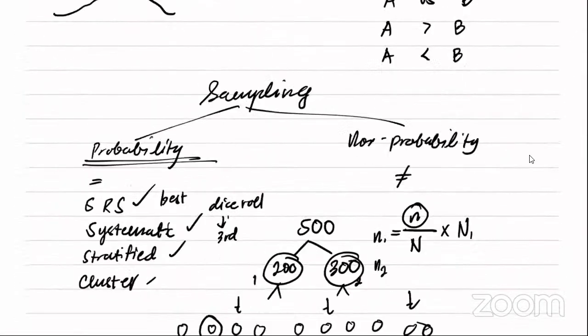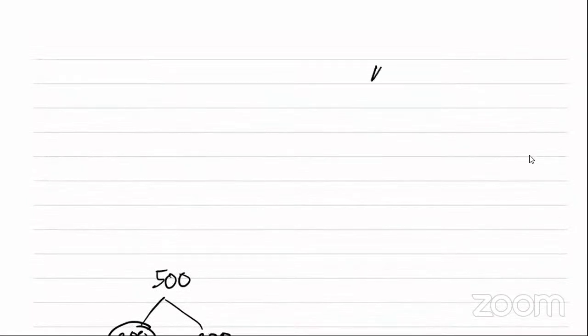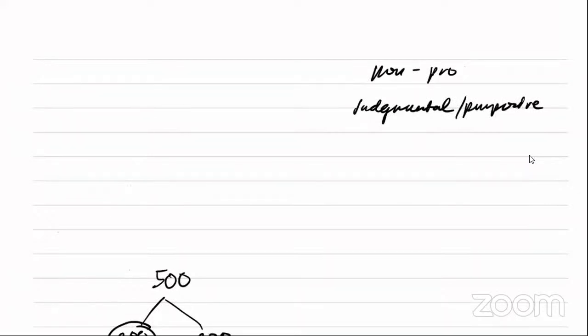Next, for non-probability sampling techniques naman natin, non-pro, you have your judgmental or your purposive. You also have your convenience. You have snowball. And you have your quota sampling.